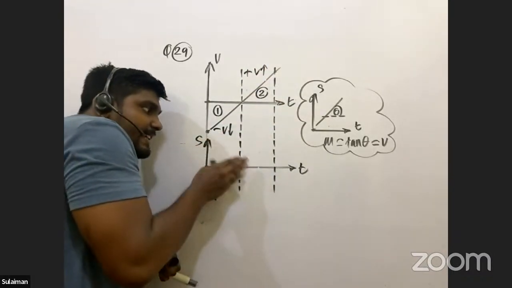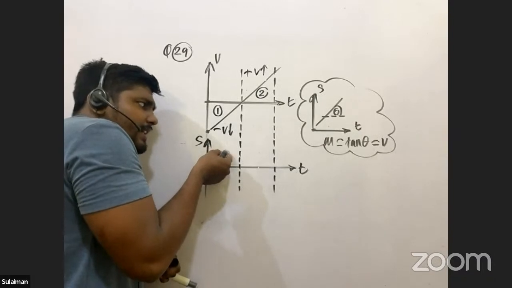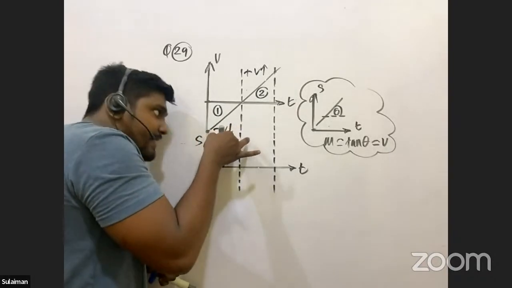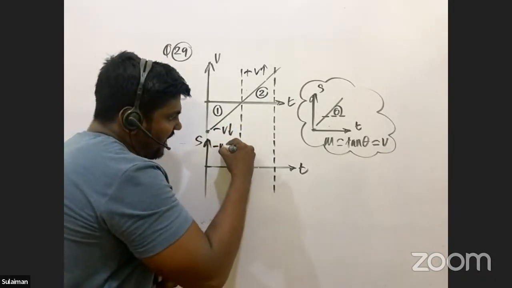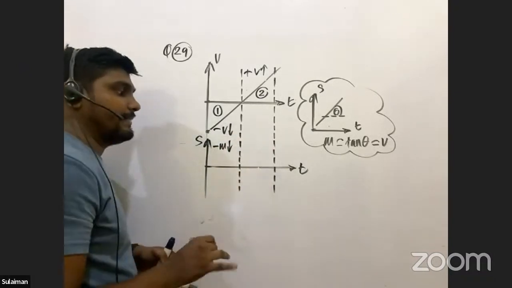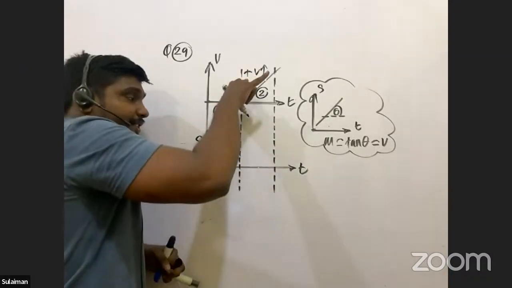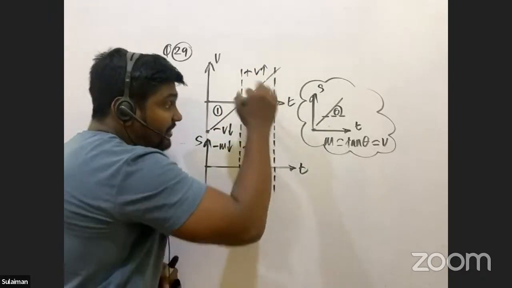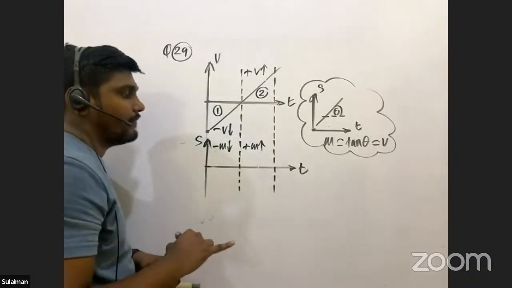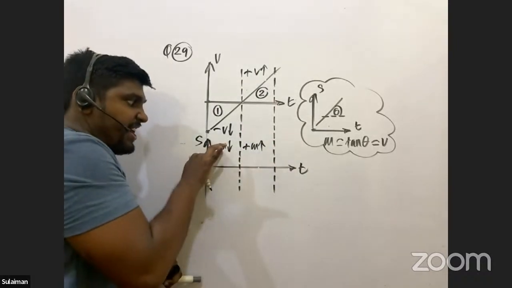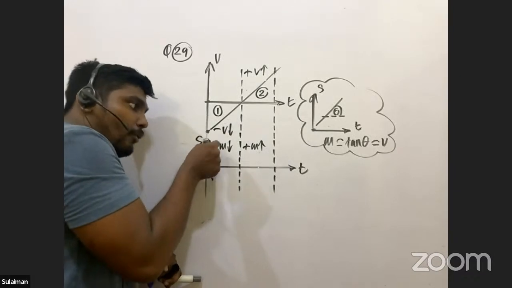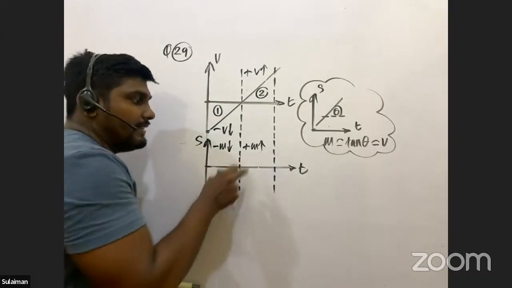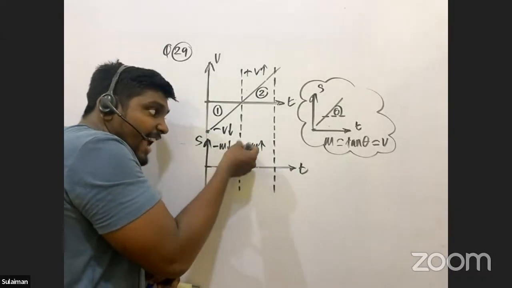Now we know that in an ST graph, velocity means gradient. Negative velocity decreasing means in the ST graph the negative gradient must decrease. Positive velocity increasing in the VT graph means in the ST graph the positive gradient must increase. A negative gradient means the angle is obtuse, and a positive gradient means the angle is acute.